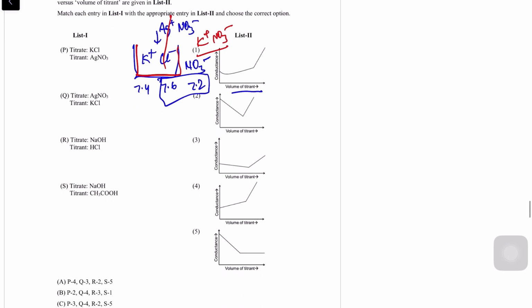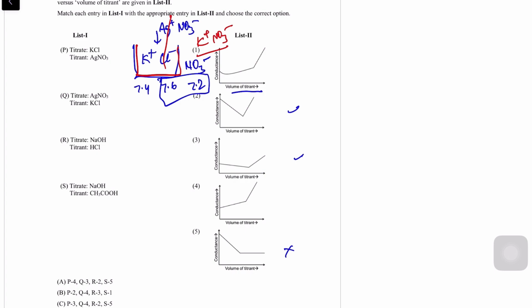So that gives us option 2, and option 3 can also be there, and option 5 cannot be there because after all the AgCl has precipitated, now addition of AgNO3 will increase conductance. So option 5 cannot be there. Option 2 can be valid and option 3, but option 3 seems more likely because when nitrate replaces chloride, the decrease in conductance will not be much, right?